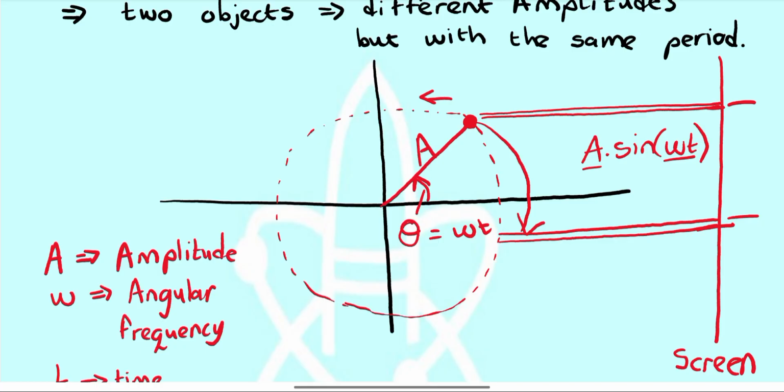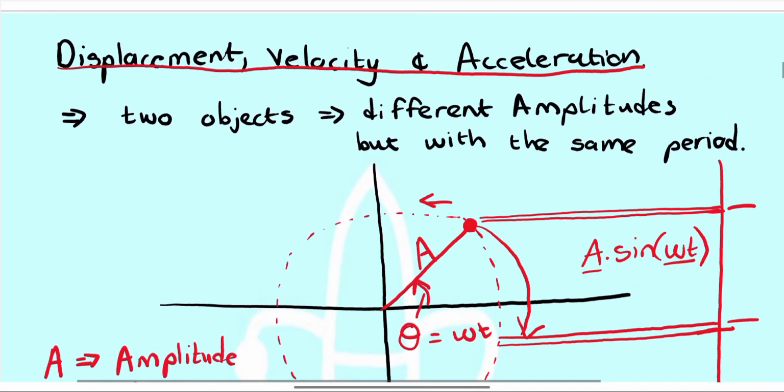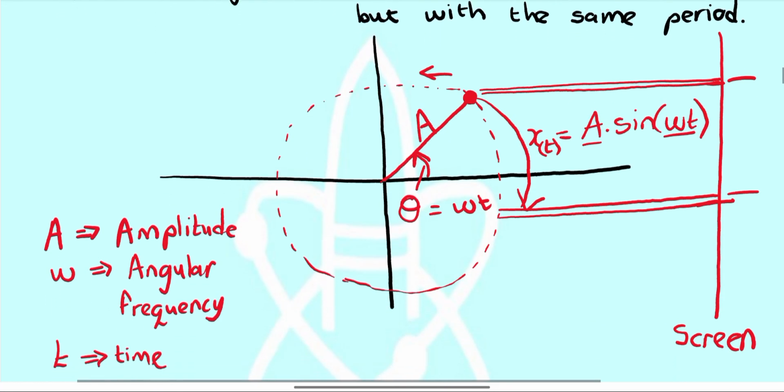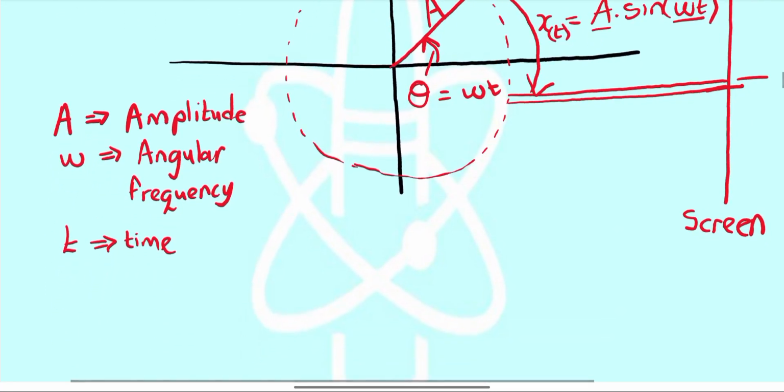So you remember when above I said I'm going to introduce the relationship between displacement, velocity, and acceleration, and already I've defined the position as the multiplication of the amplitude and the sine of omega t. Okay, so what is happening now?